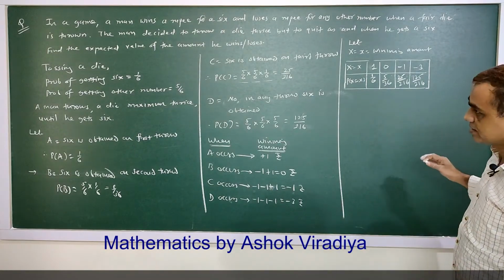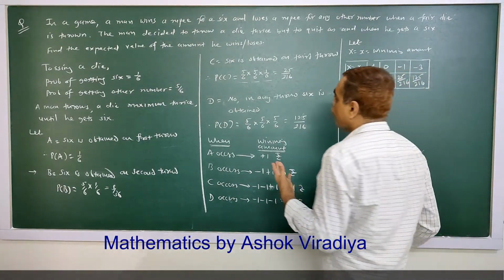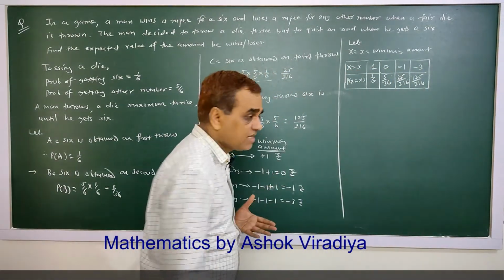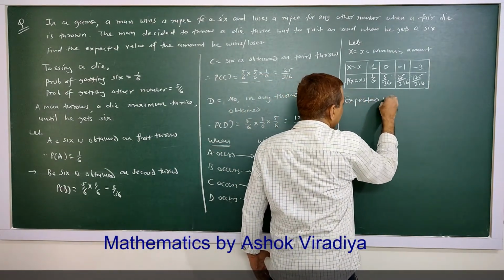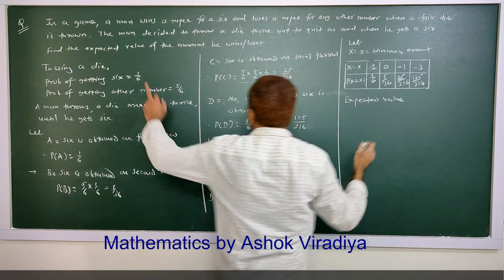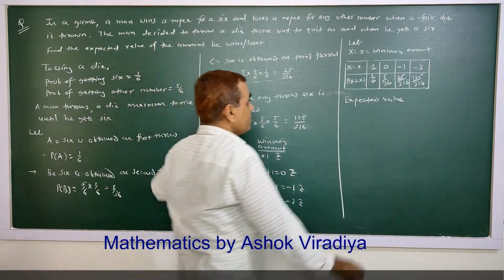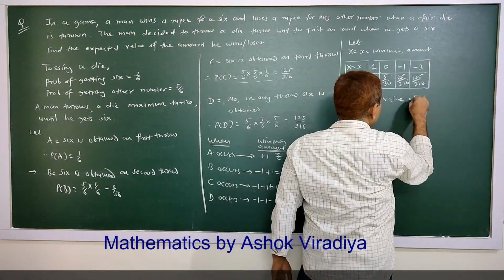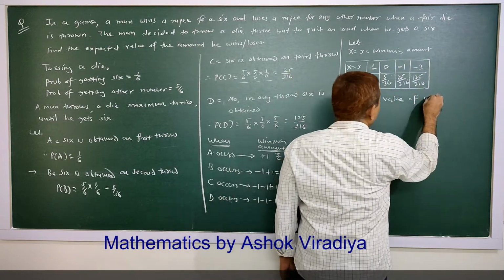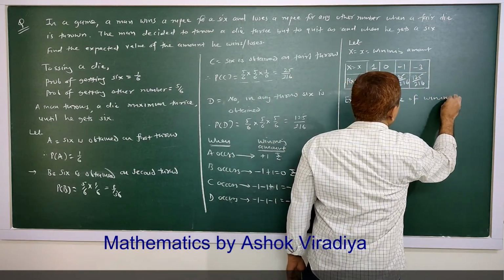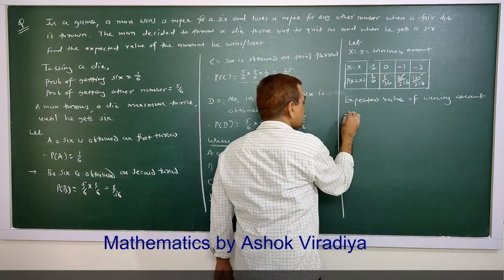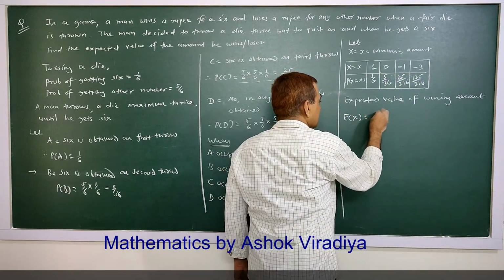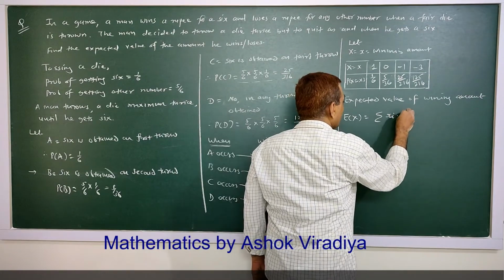So here expected value of winning amount is expected value of X, that is winning amount. That is E of X. So sigma xi into Pi.